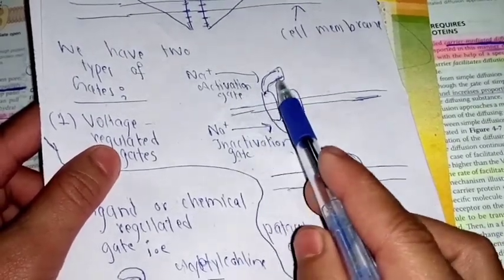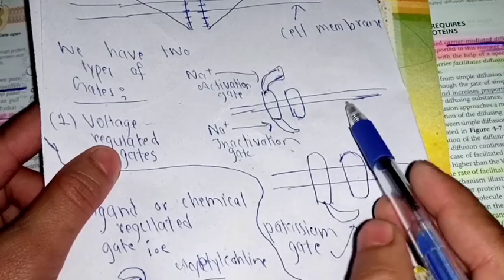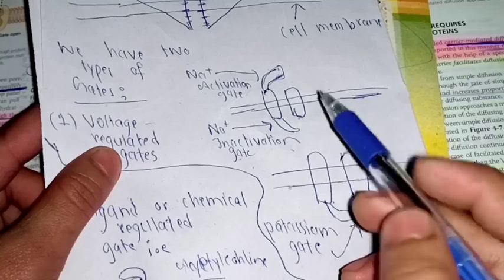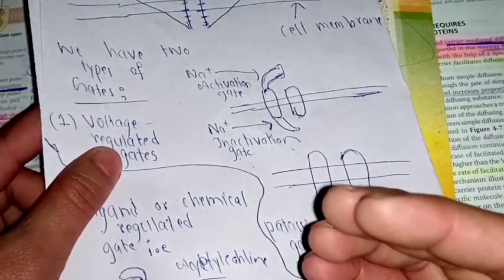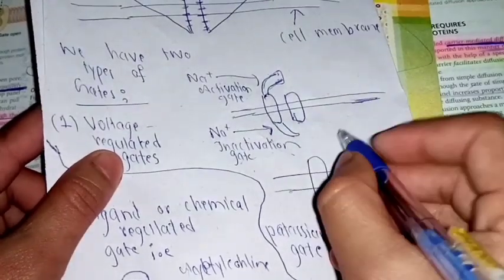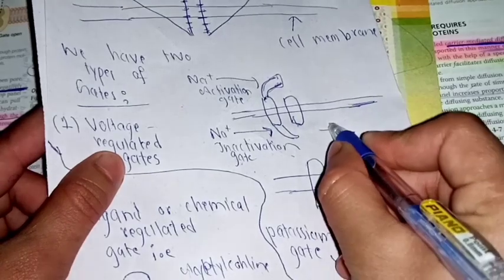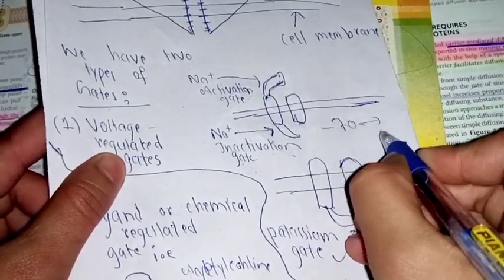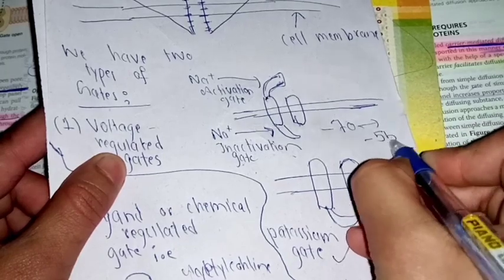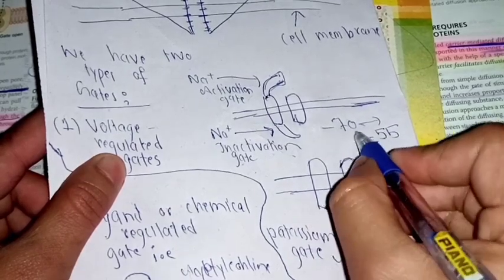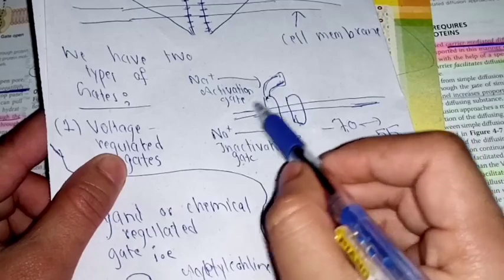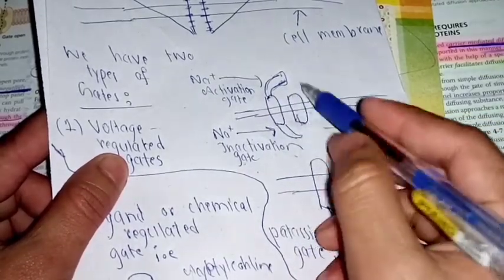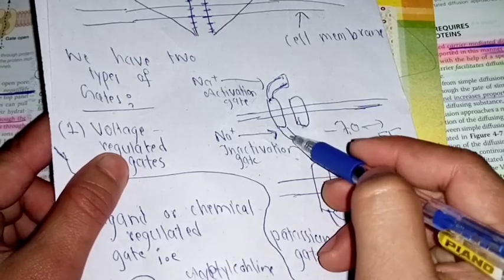The sodium activation gate will open only if the ionic distribution inside the cell is changed. For example, the normal resting potential of the membrane is minus 70 millivolts. If this is changed to minus 55 millivolts, only a little bit, then this activation gate will open and permit sodium ions to pass through the channel.